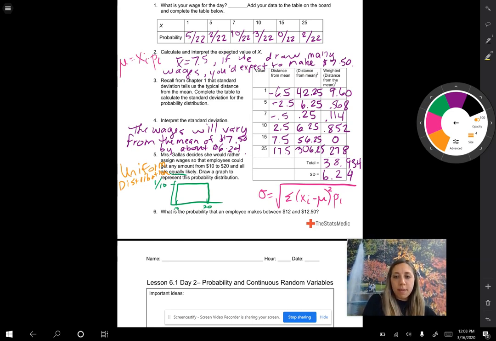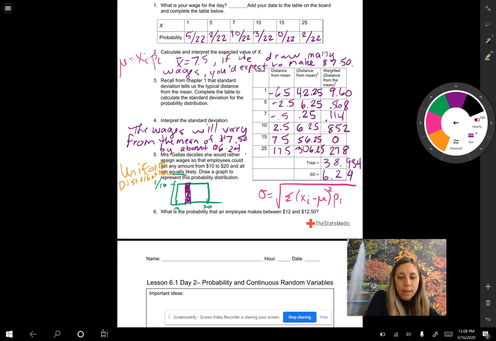So what is the probability that the employee will make between $12 and $12.50? Let's estimate that. We'll say that would be this area here in your box. If we were to find an area, it's length times width, or height times width.